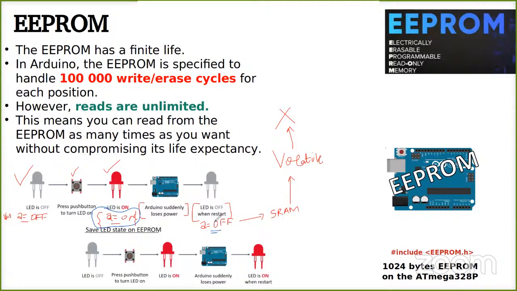Are you getting what I'm saying? So if I do this case over here, my A is off over here, same thing. My A has become on. All right. And what did I do? Along with this, I stored this value of A inside my EEPROM. This is happening when the program is executing.